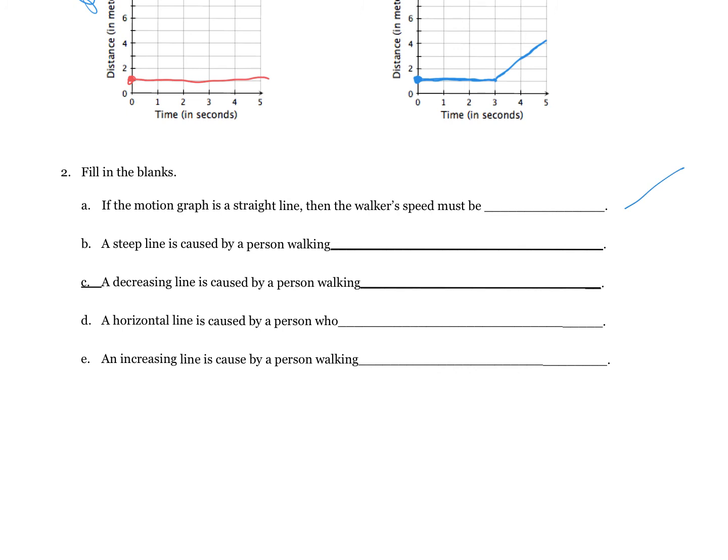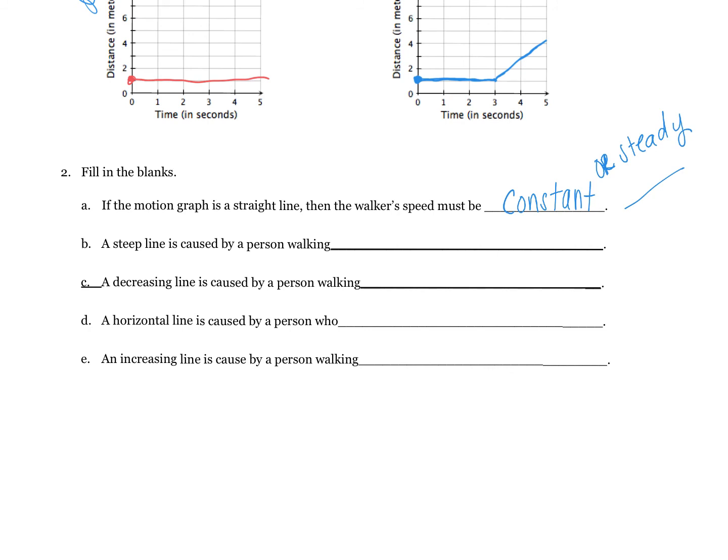Then our walker's speed must have been what? We know that if it's a straight diagonal line, then the walker's speed was constant or steady, whichever way you would like to write that. Okay, so it was either constant or steady.